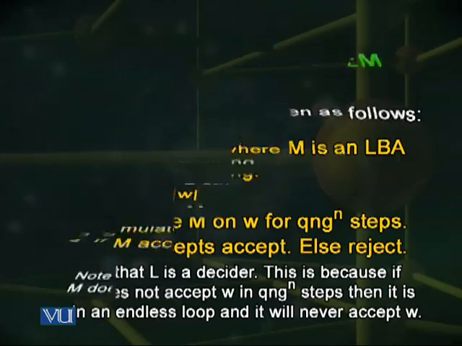Therefore, first thing we notice is that this Turing machine that we have described is a decider. It halts on all inputs because it runs the simulation for a finite amount of time. Second is that it's going to accept all pairs M, W, where M accepts W. If M accepts W, it does so in less than or equal to Q times N times G to the N steps.